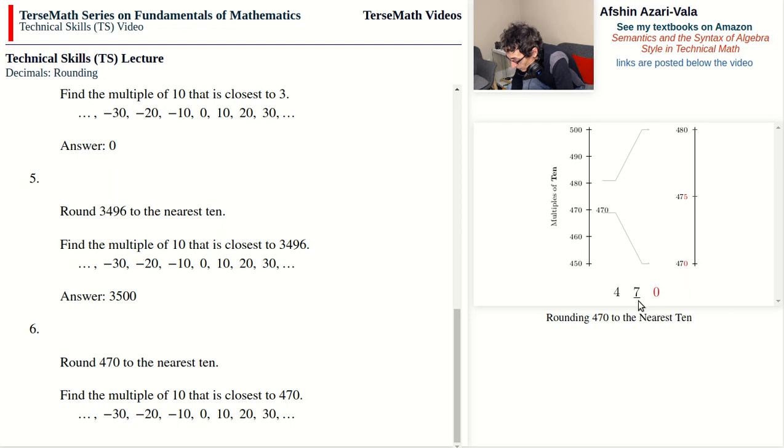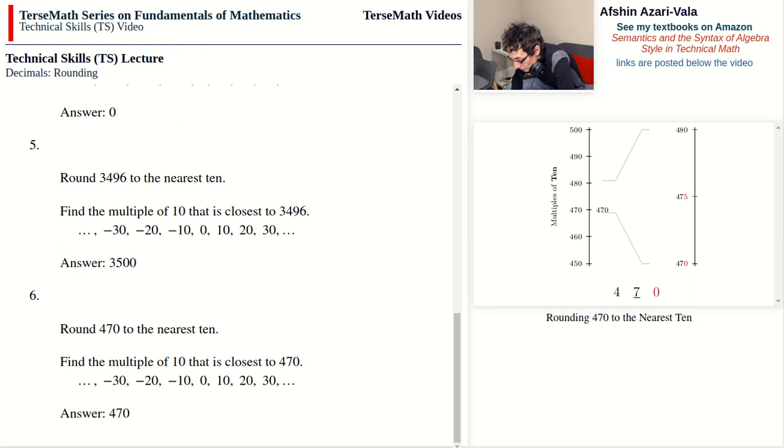So again, 470, we are rounding to the nearest 10. The digit that follows is less than 5. So we do not change 7. And of course, everything past the place where you round becomes 0. Okay, so the answer is 470.